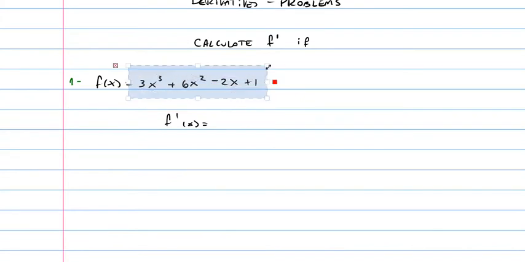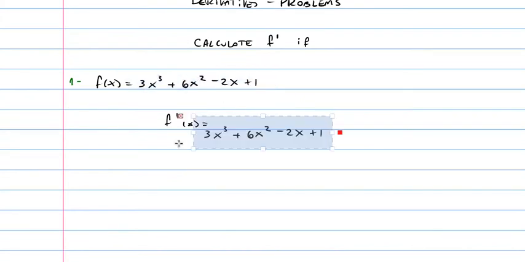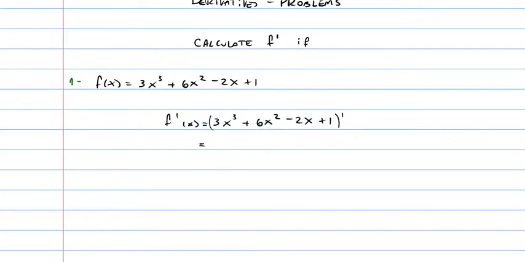So f prime is going to be the derivative of this function. And so what we're first going to use is that the derivative of f plus g, the derivative of the sum, is just the sum of the derivatives.